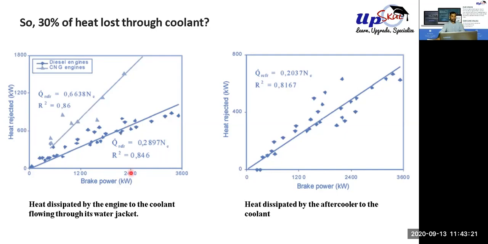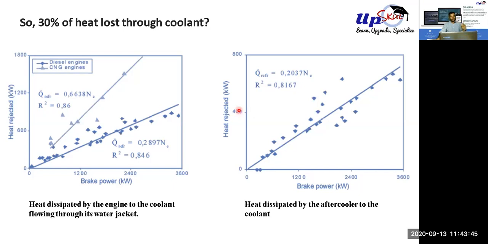But in this case, for the same engines, we are also losing heat from the aftercooler or the turbocharger. If we don't have a turbocharger, as you can see, we have this 25% of efficiency. If we have a turbocharger, for this 2400, we'll lose another 400, right?